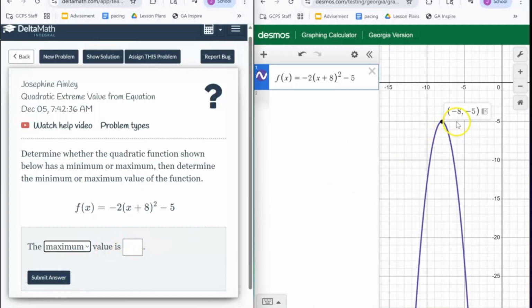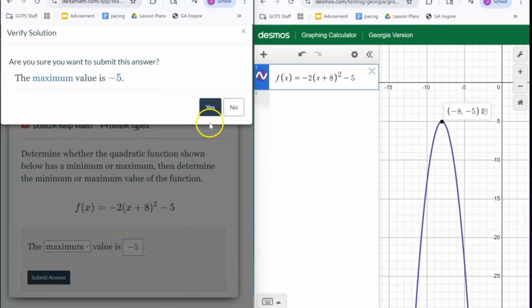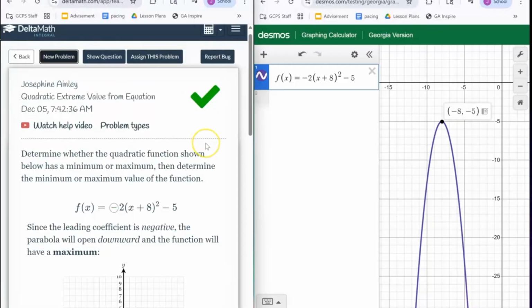And once again, if it was asking for the vertex, I would write this coordinate as a vertex. However, it's asking for the maximum value, the tallest I can be, the highest I can be. And the highest I can be is -5. Not the widest, the highest. So that maximum value is -5. So again, just understanding the difference between what is a maximum or minimum value versus what is a vertex.